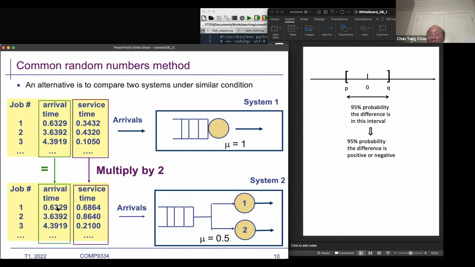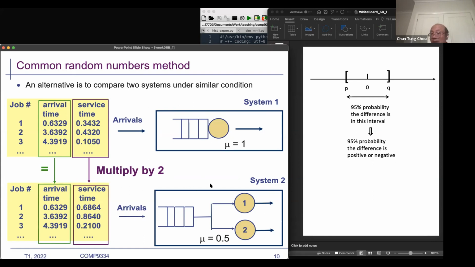And you can see that the arrival times are exactly the same. So when I do simulation, these two systems will be serving exactly the same jobs.